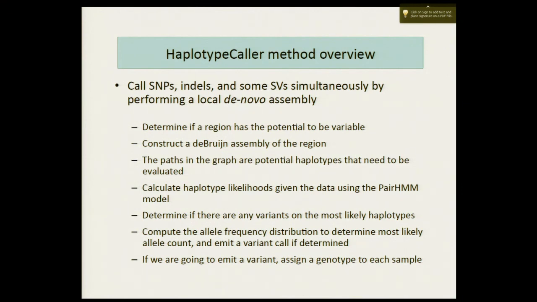We have a procedure for pruning the graph, and that does an okay job, but it's not great. So you're right: as the regions get more complex, there are more and more paths. It takes longer. You have to evaluate tons of haplotypes. But you'll see that we're using the same HMM that Unified Genotyper uses to evaluate haplotypes, and that is what allows us to control our error rate. It's simply a matter of computational trade-off, right? If you give it 1 billion haplotypes, it's okay. You just have to wait a long time. But the HMM allows you to evaluate the probability of those haplotypes very accurately.